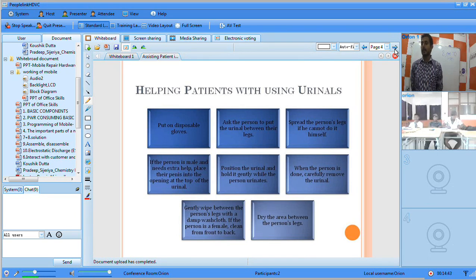When he or she has completed the urinal process, then you need to remove the container and wipe the areas which might have gotten wet or contaminated during the process, so that any chances of infection can be prevented.